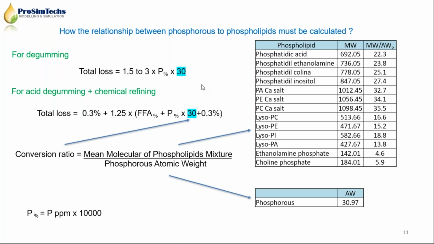This conversion ratio or formula is the one I have put in this slide, which relates the mean phospholipid weight and the phosphorus atomic weight. So this conversion ratio, in a way, is expressing this number.